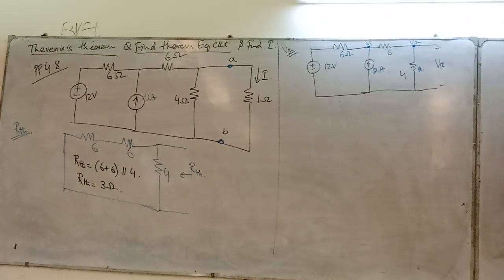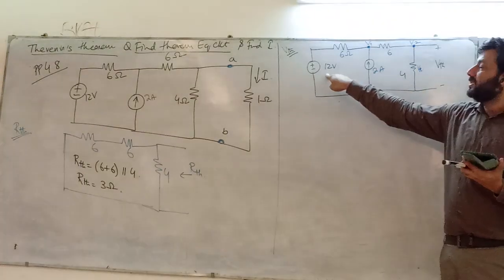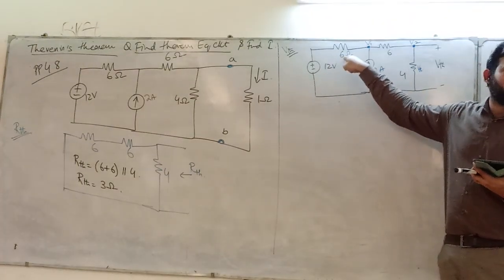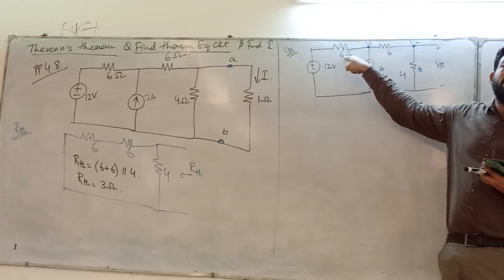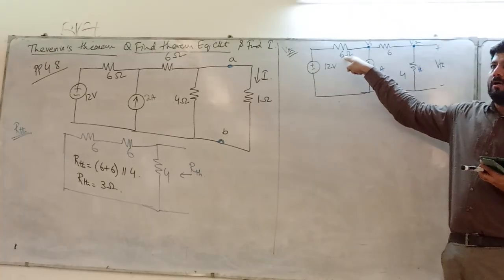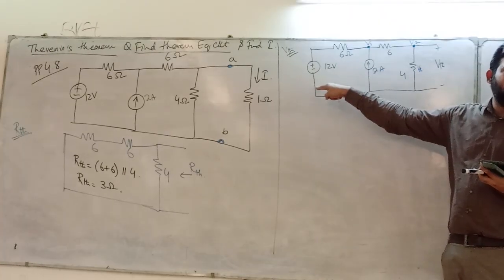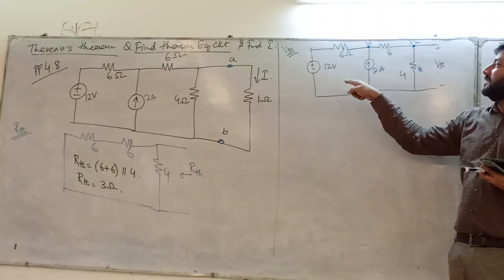So, can we do it by source transformation? Yes. How can we do by source transformation? Now see, voltage source in series with 12 and 6, it will become a current source and a parallel resistor.